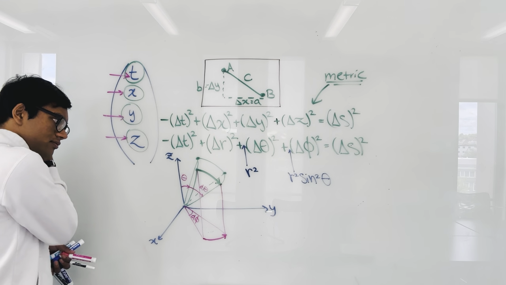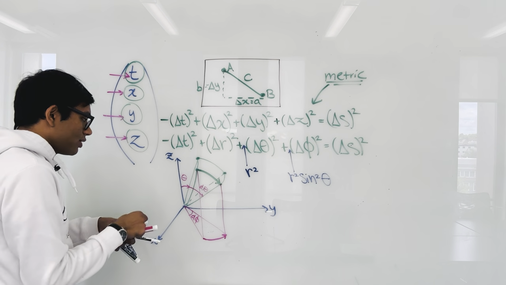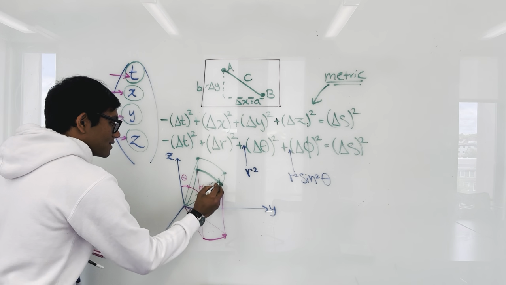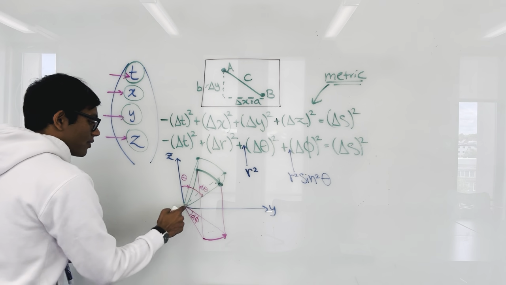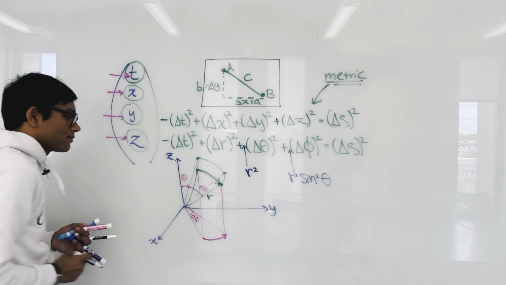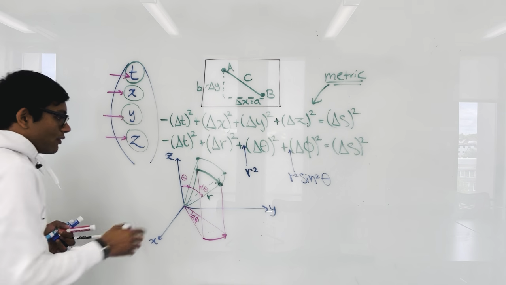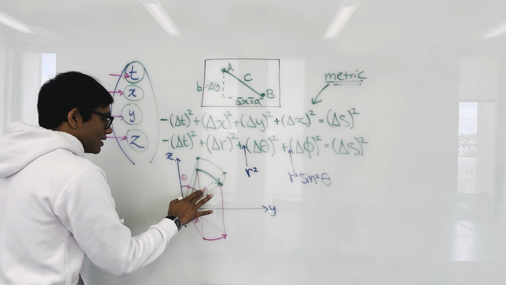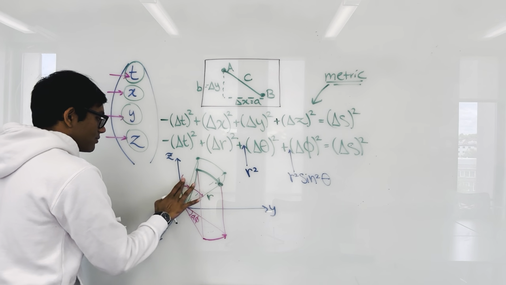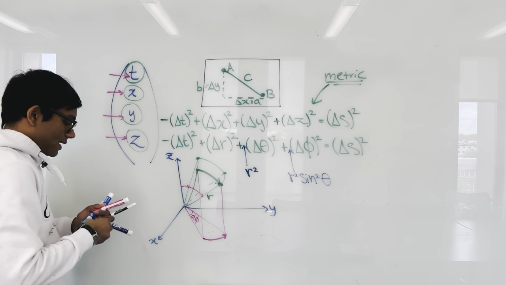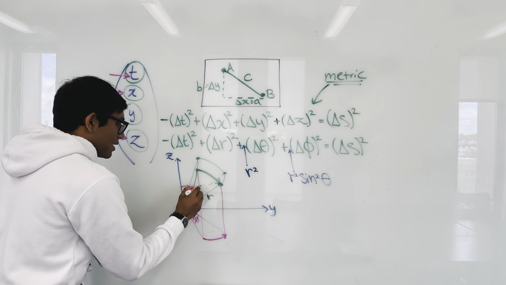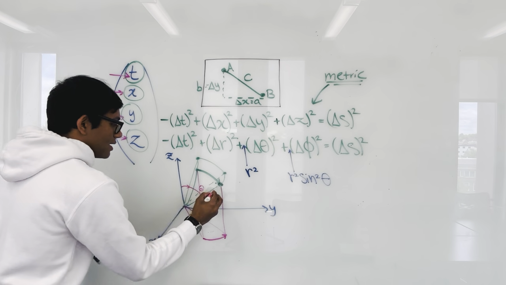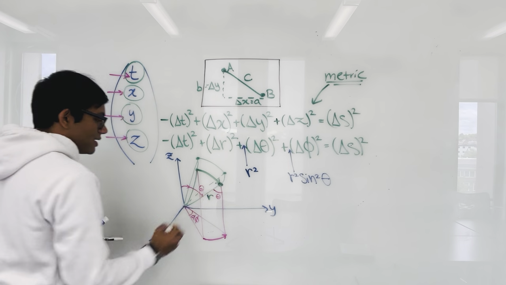If I call this distance of the point from the origin r, and let's say for the time being that this angle is theta, just for simplicity, then this angle here also has to be theta.